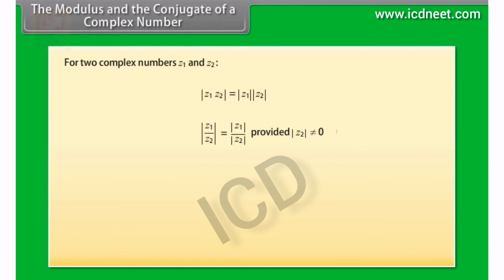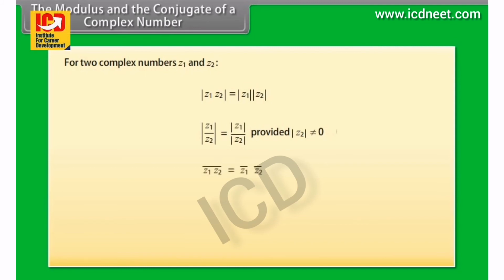For two complex numbers z1 and z2, modulus of the product of z1 and z2 is equal to modulus of z1 into modulus of z2. Modulus of z1 by z2 is equal to modulus of z1 by modulus of z2, provided modulus of z2 is not equal to 0.